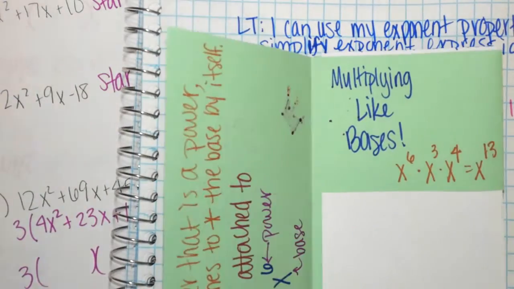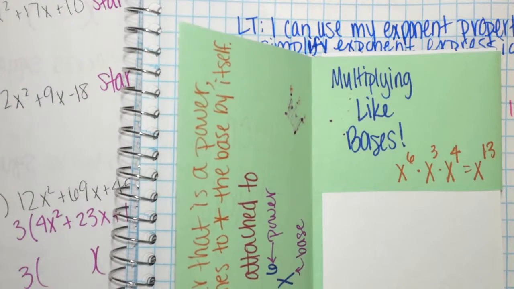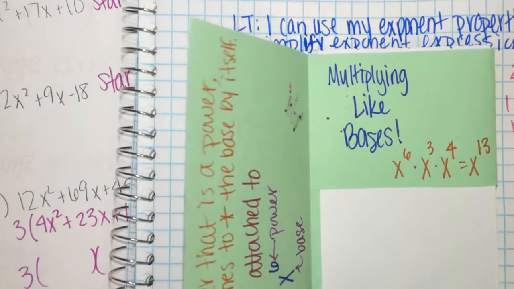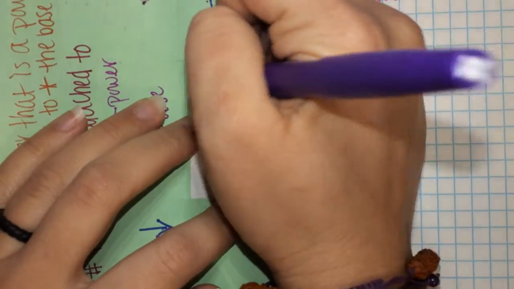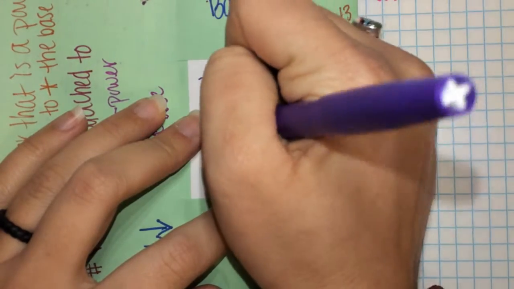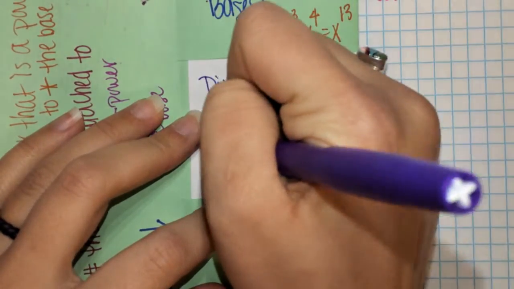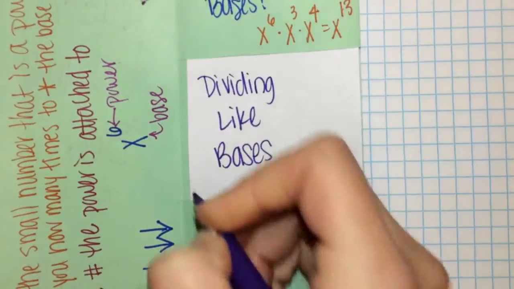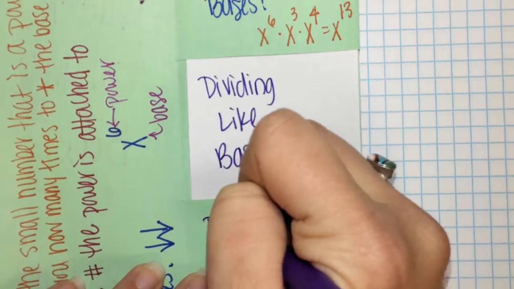Okay, so today let's go ahead and write down everything that we're going to do here. So today we are going to divide like bases. We're going to do power to a power.